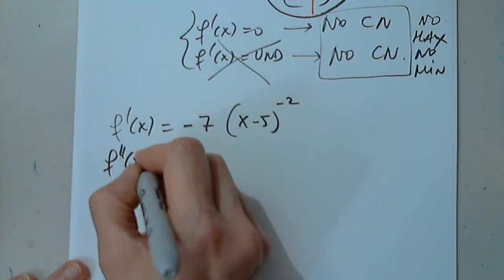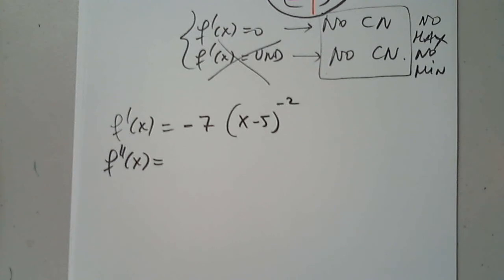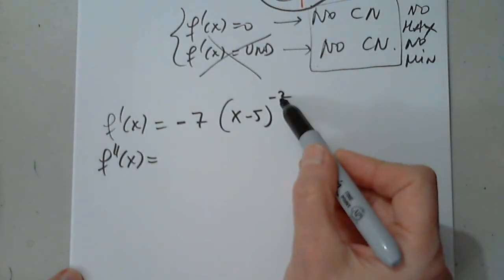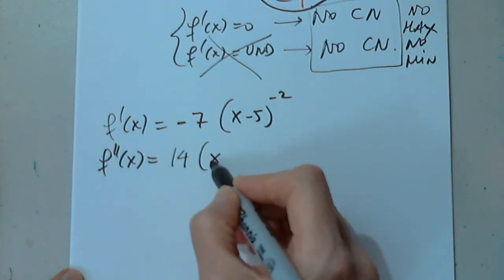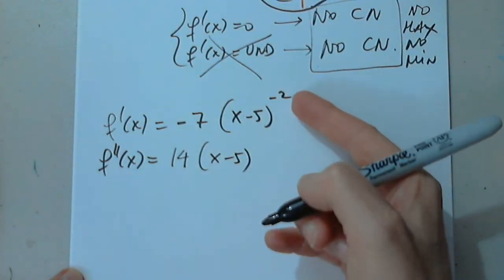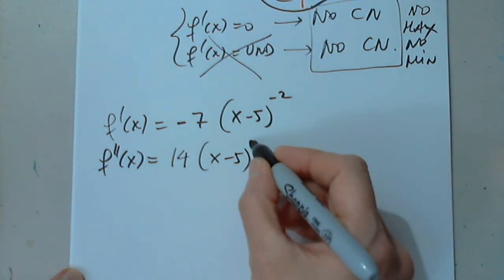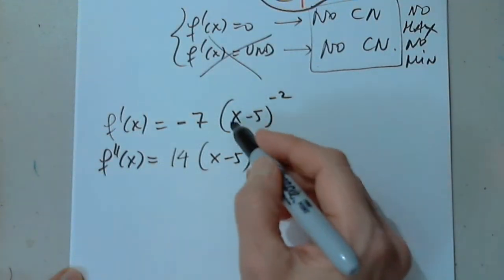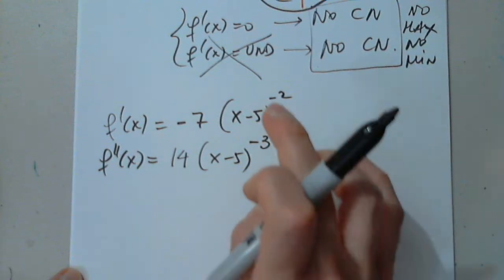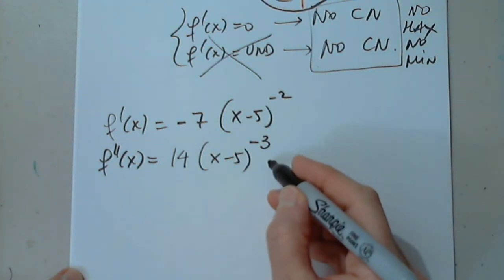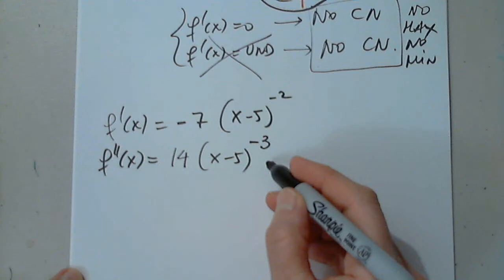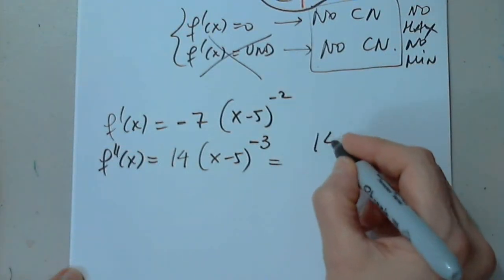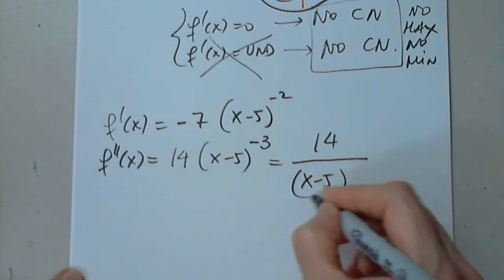Can anyone help us with the second derivative of this? 14 times (x minus 5) to the negative 2 minus 1, negative 3, times the inner function prime. We can never ever forget that. Times the inner function prime, which is 1. That's it. So this is 14 over (x minus 5) to the third power.